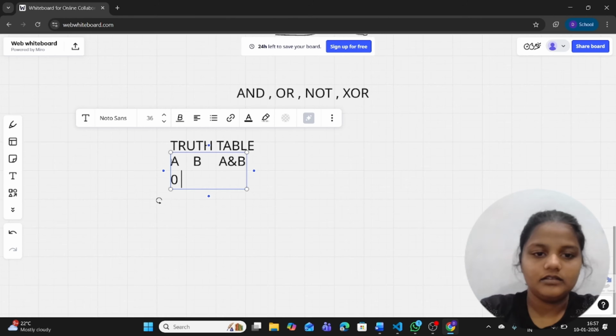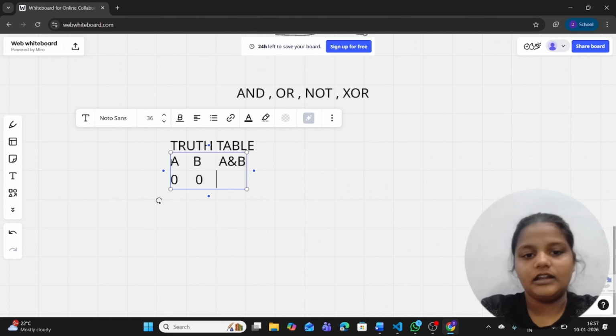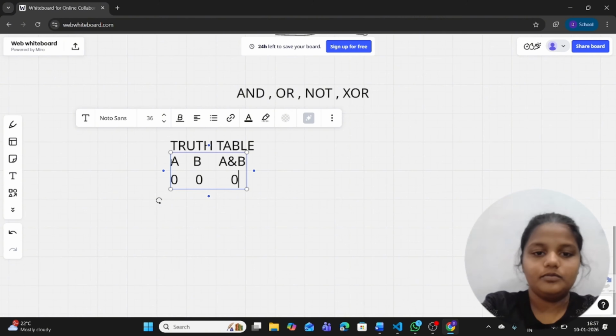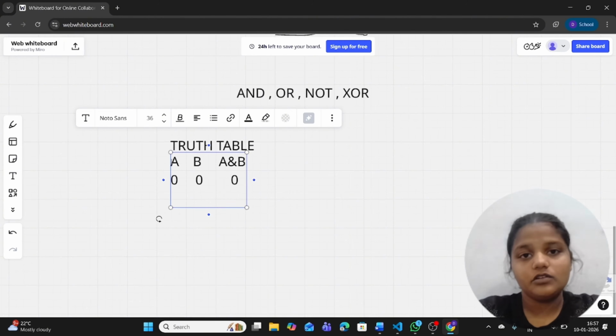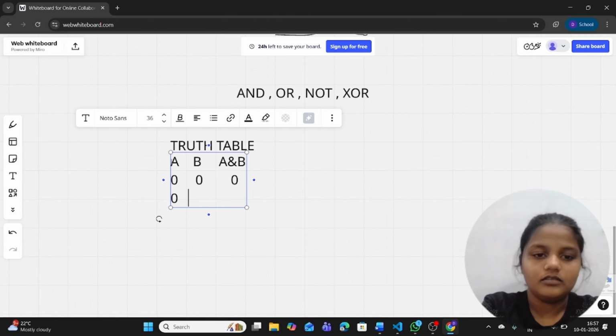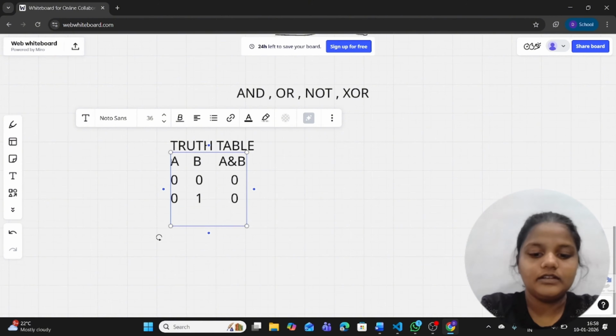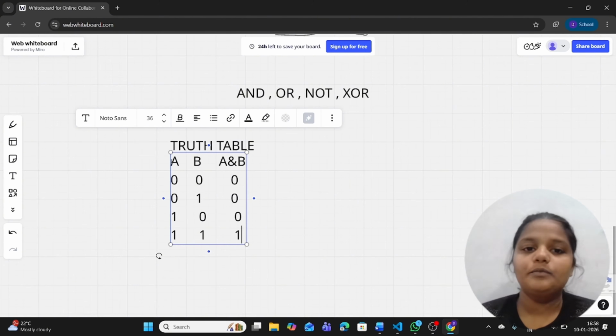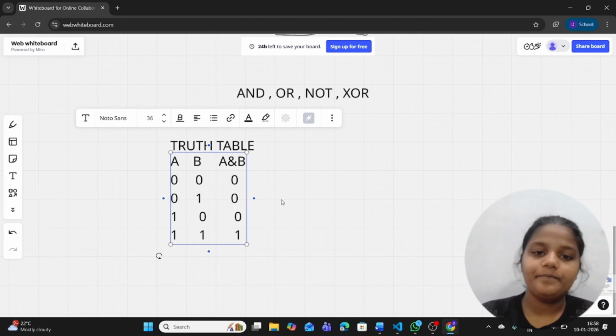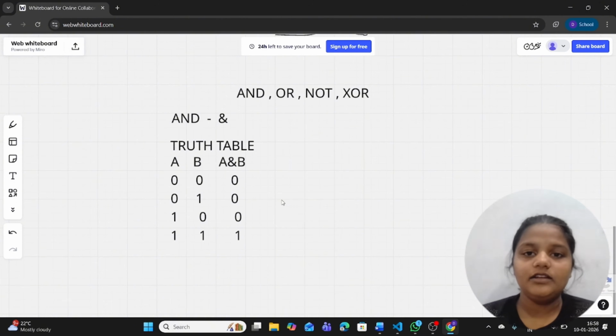If A is 0 and B is 0, the AND will be 0, because 0 and 0 is 0. Then 0 and 1, the output is 0. Then 1 and 0, the output is 0. Only 1 and 1 is 1. Both values should be true, then only we get true as the output. This is the bitwise AND.